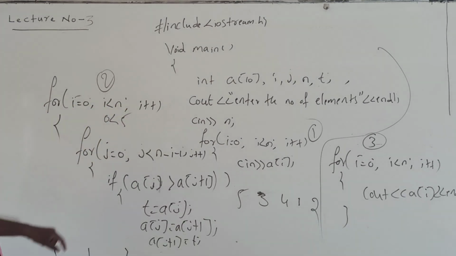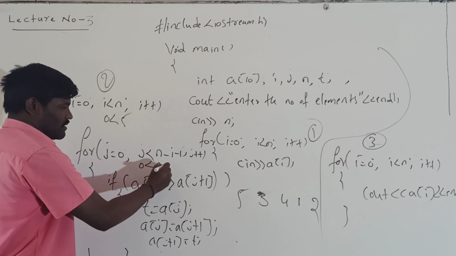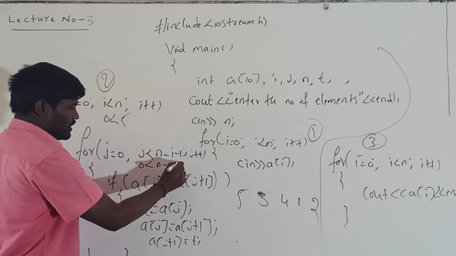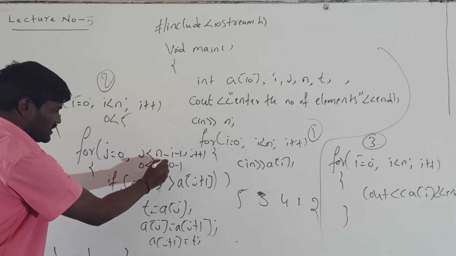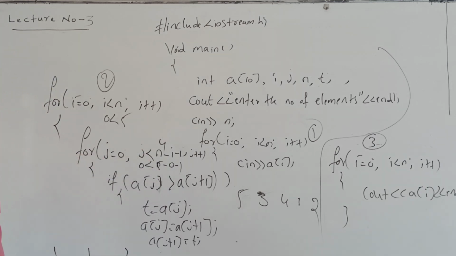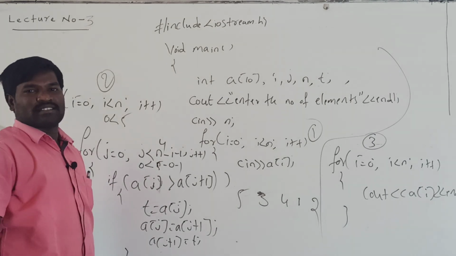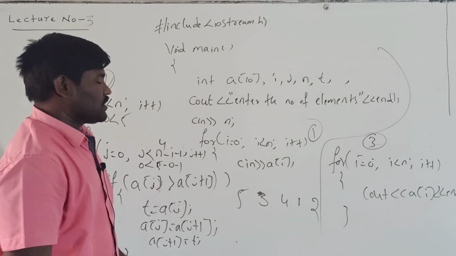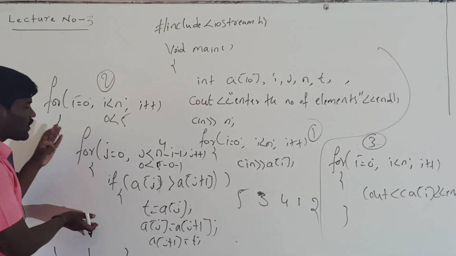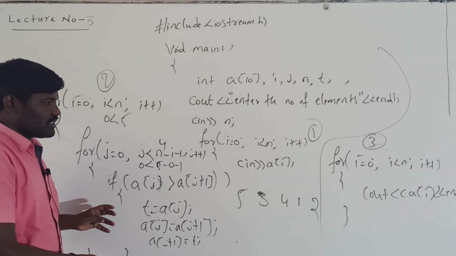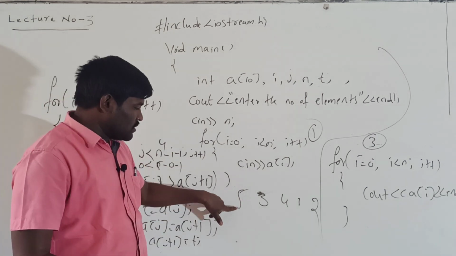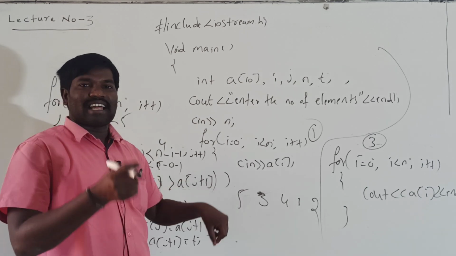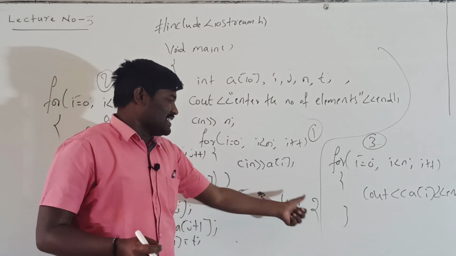J is equal to 0, 0 is less than n minus I minus 1, that is 5 minus 0 minus 1, which is 4. So why do I have to write n minus I minus 1? Because when the inner for loop finishes, it will store the largest element at the last.